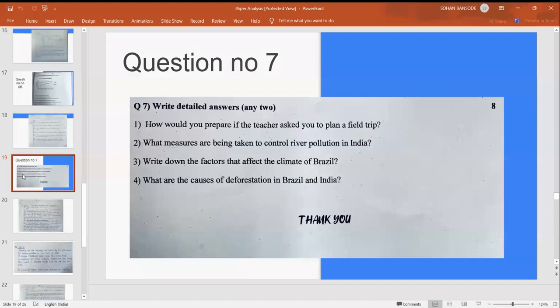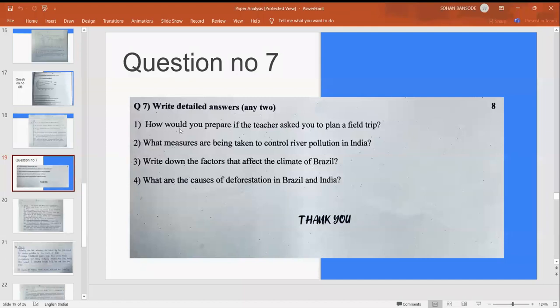Again here 4 questions are provided. You have the options, among them you have to attempt only 2 questions. Each question carries 4 marks, so totally 8 marks. The first question is, how would you prepare if the teacher asks you to plan a field trip?